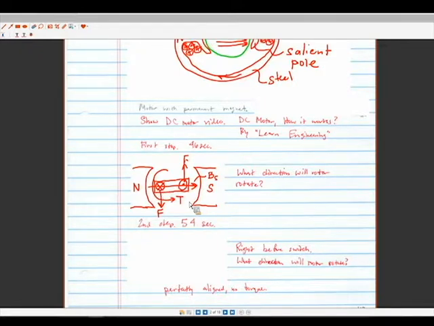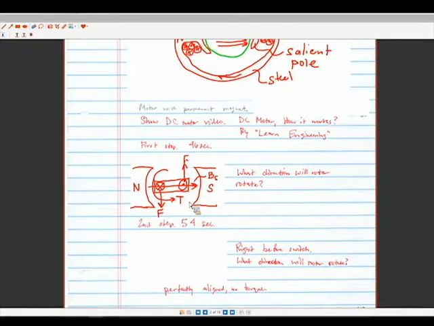So you can see this is more of a 3D or isometric view of what's going on. Same idea, current into the page on the left, into the board on the screen on the left-hand side, out of the screen on the right-hand side, forces in this direction on these rotor coils.